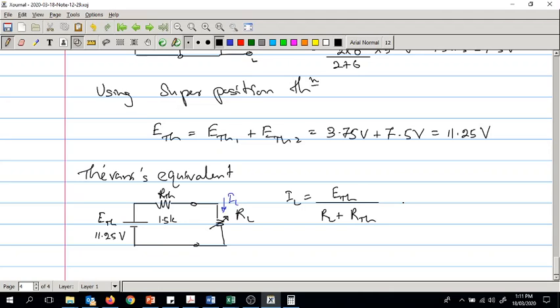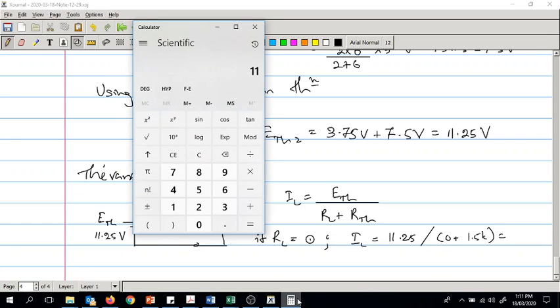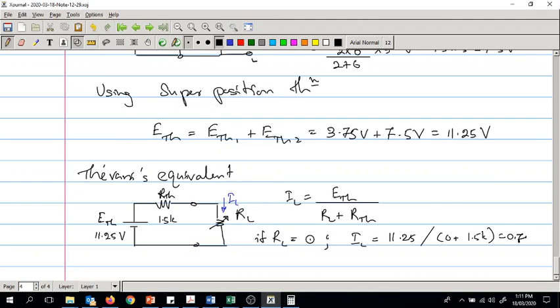Now if RL equal to 0, IL is equal to ETH, which is 11.25, divided by 0 plus 1.5K, which is equal to 11.25 divided by 1500, which, if you multiply by 1000, you get 0.75 milliamperes.